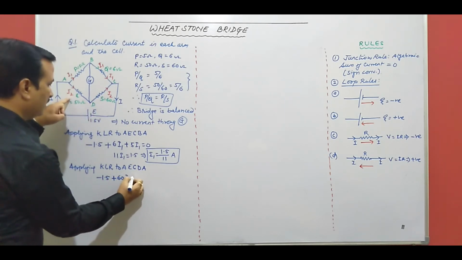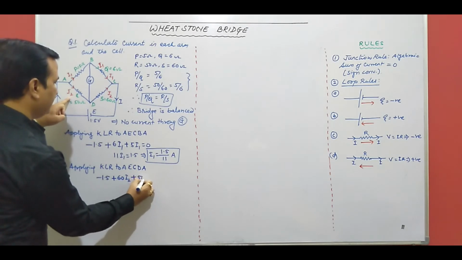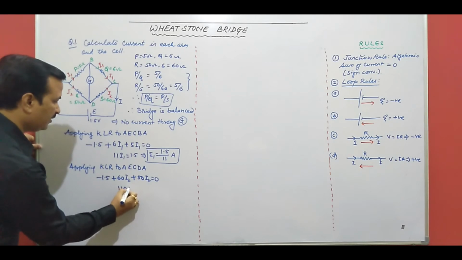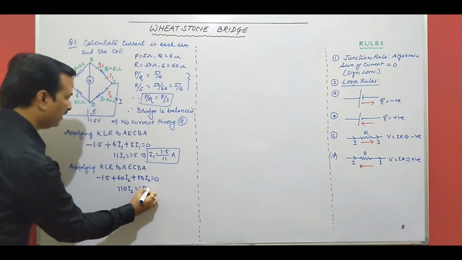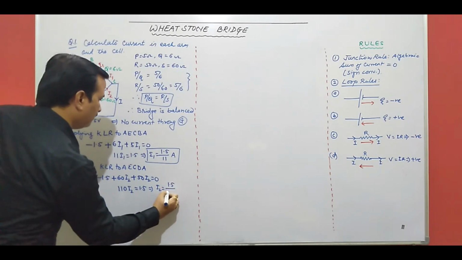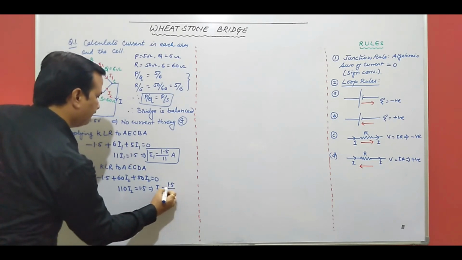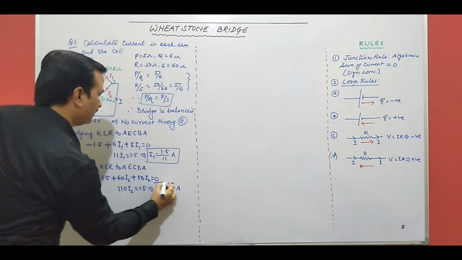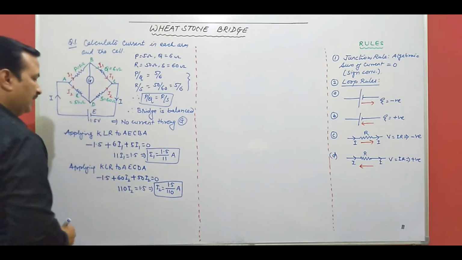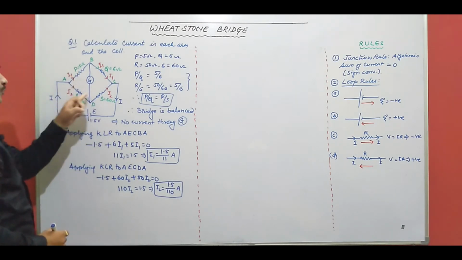This will be plus 50 I2 equal to 0. So this will be 110 I2 equal to 1.5. Will give you I2 equal to 1.5 upon 110 ampere. Okay, these are the values of the current flowing through these arms.